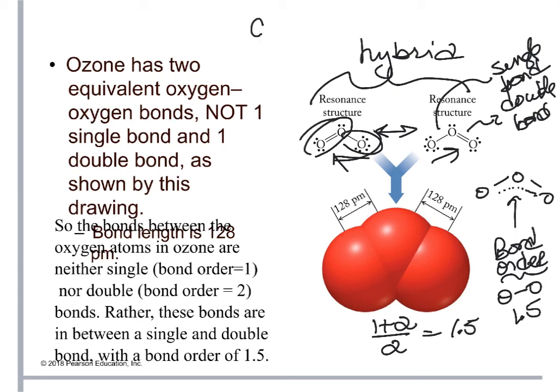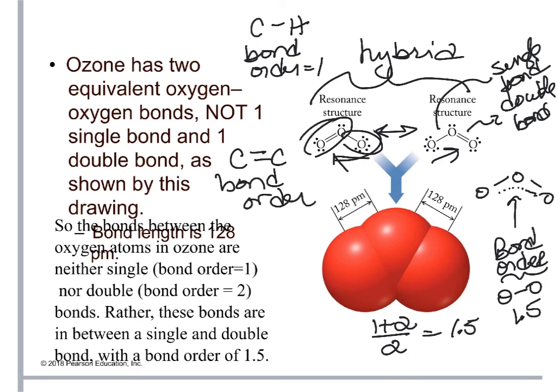So if you have a single bond like this, you would say the bond order is 1. That just means there's a single bond. If you have a double bond, you would say the bond order is 2. All right, and a triple bond, the bond order is 3. Where it gets tricky is when you have these equivalent resonance structures and you have to take an average.